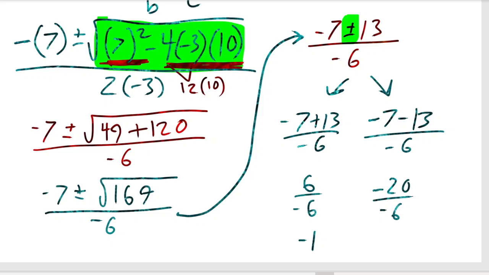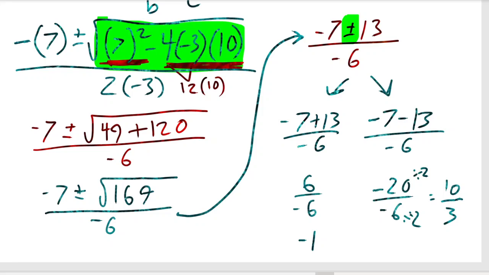It's okay if it's an improper fraction if we have a larger number on top than on bottom. But we look for a number that we can divide both of them by. They're both even, so we can certainly divide both of them by 2, and I'm going to make it by a -2, so that we'll make everything positive. -20 divided by -2 gives us 10. And then on the bottom, again, negative divided by negative makes it positive, and 6 divided by 2 is 3. So there's one of our answers.